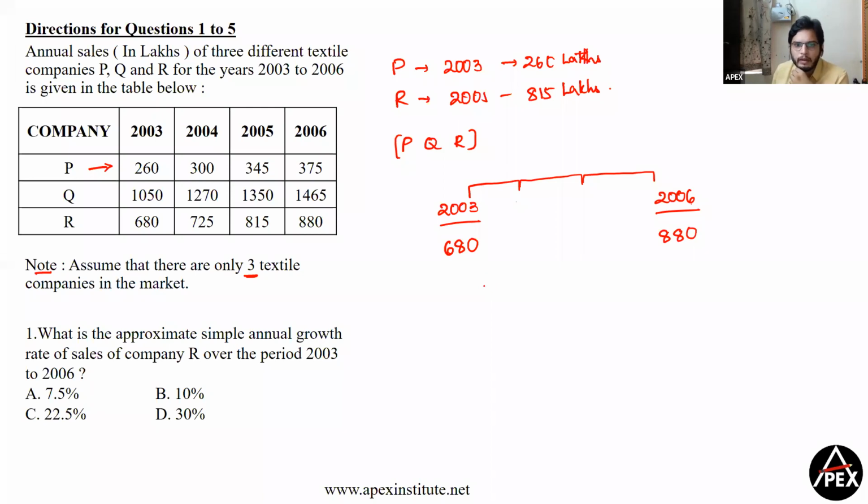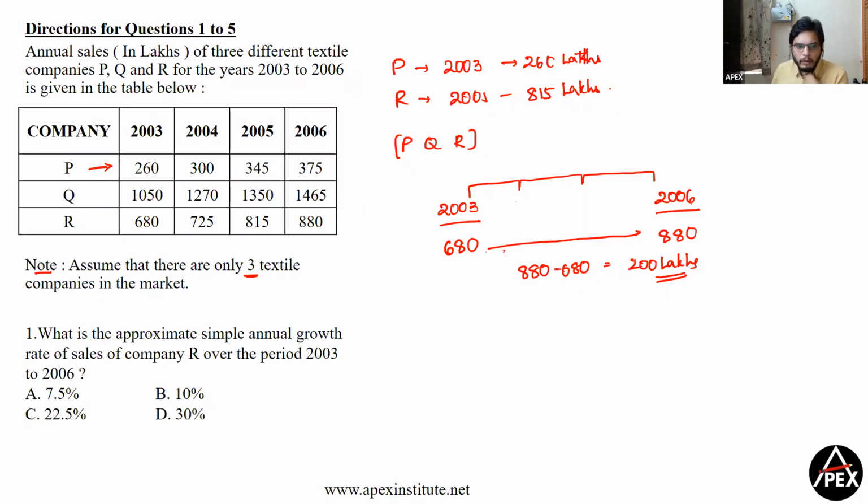Okay, let us find the total growth rate from 2003 to 2006. Sales of company R grew from 680 to 880. So it has grown by 880 minus 680, 200 lakhs, isn't it? There is an increase of 200 lakhs from 2003 to 2006.